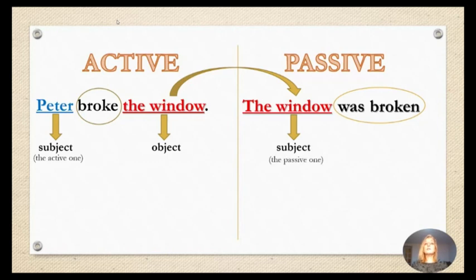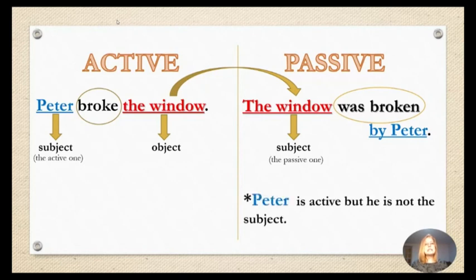And we said that if we want to add a doer, a performer, we do it like this. By Peter. The window was broken by Peter. Which means that Peter is still an active figure here. He does the action, but he's not our subject.